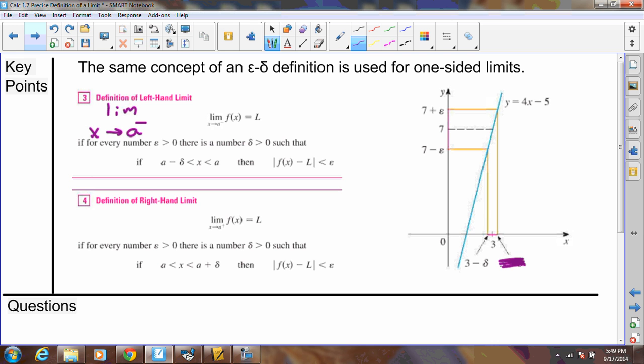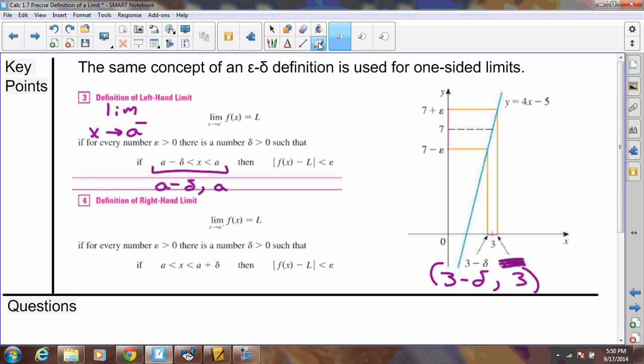And that's exactly what this piece is saying right here. It's using the letter a instead of the number 3, but it's just saying take the x value and subtract something to the left. This is giving us our window of 3 minus delta over to 3. This piece is saying a minus delta over to a. It just happens that we're using an a of 3.